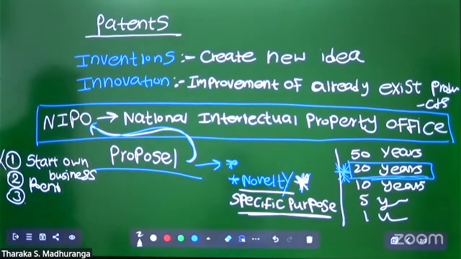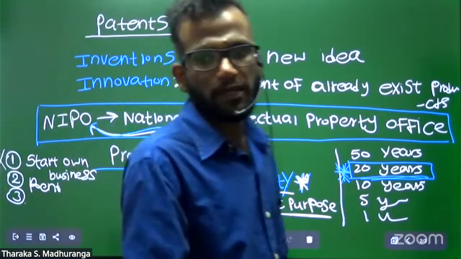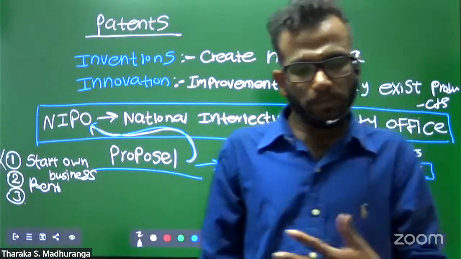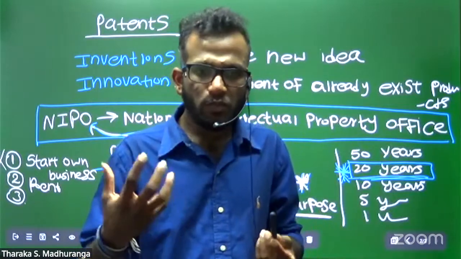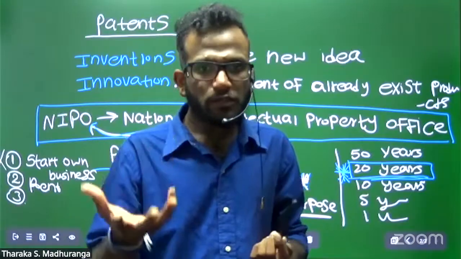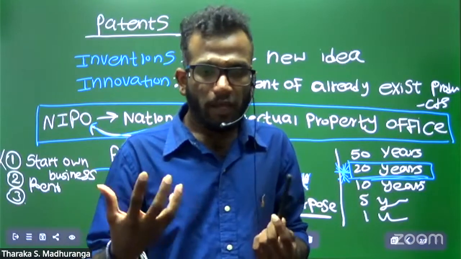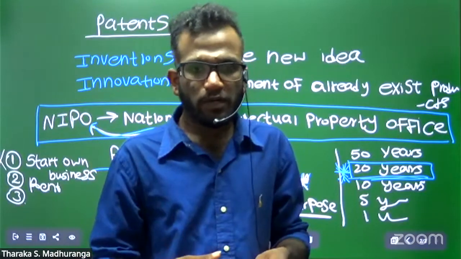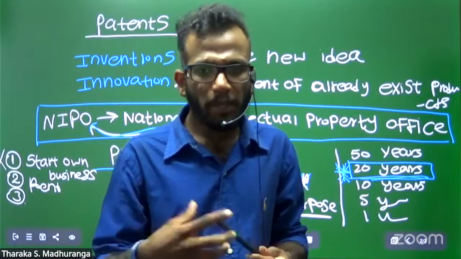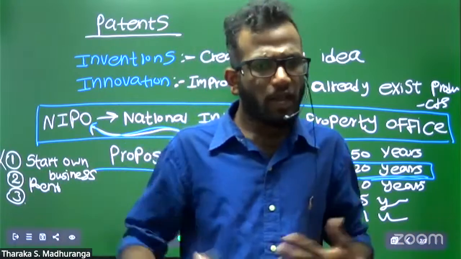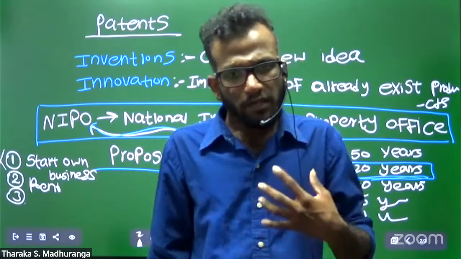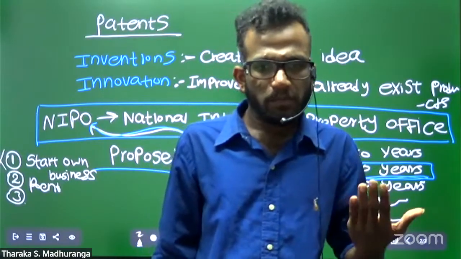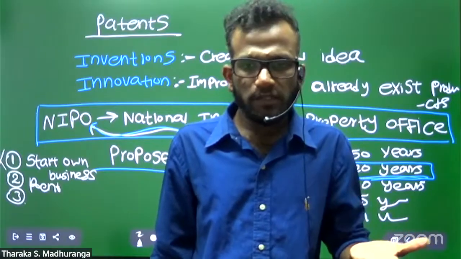The final one is you can directly sell your patent. Think I have a new product, then anyone asks and gives this much money. If anyone proposes whatever amount for your patent, then you can directly sell. After that you don't have any ownership. After that it's totally for another business company.